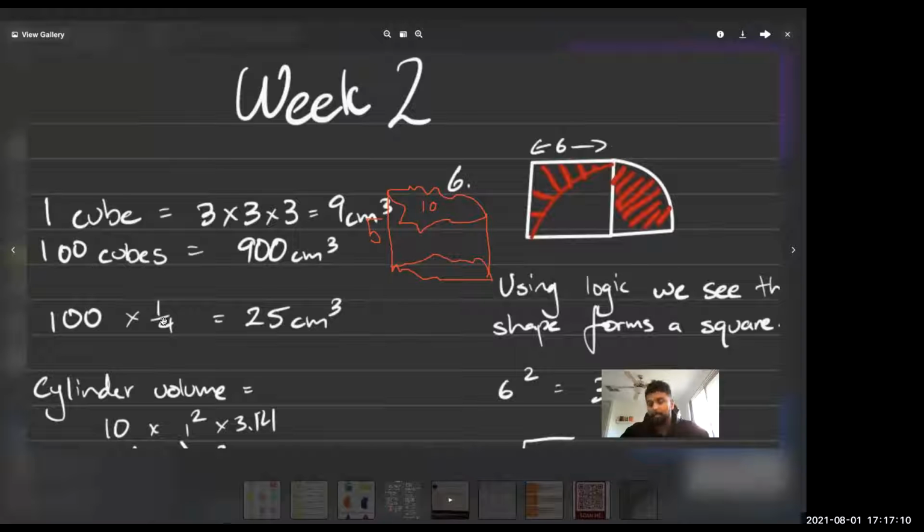Okay, I didn't know that. Yeah, that's okay. So what's a quarter as a decimal value, Gayatri? 0.25. So here's the calculator.